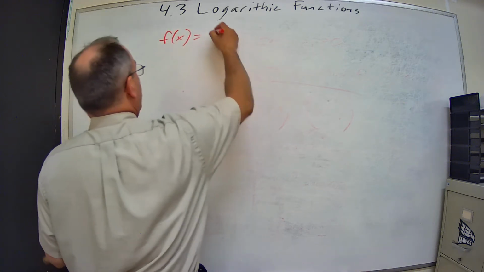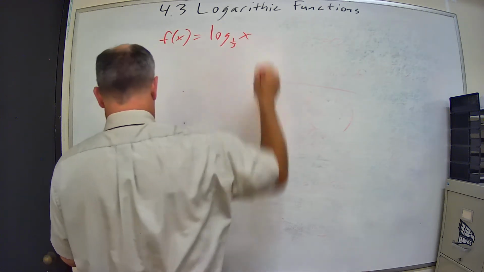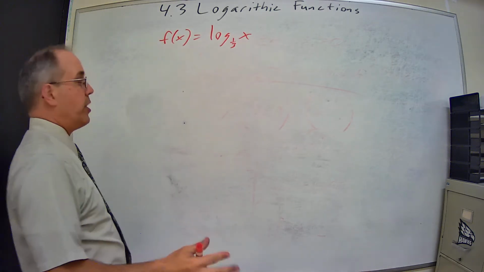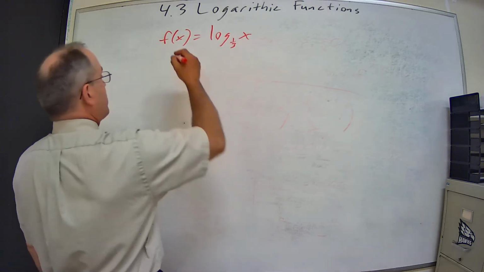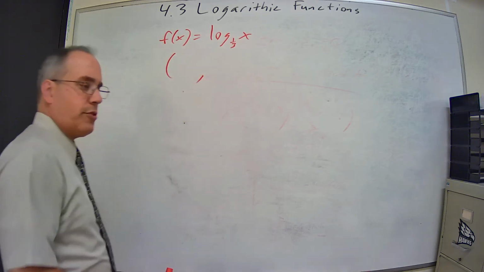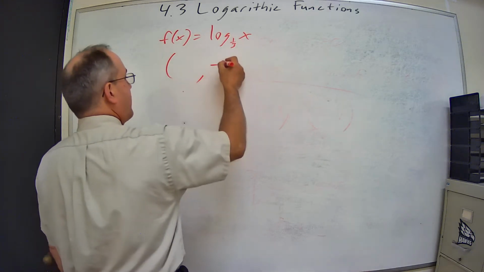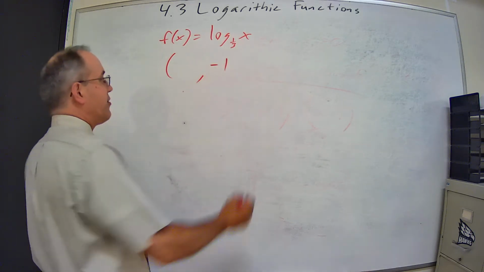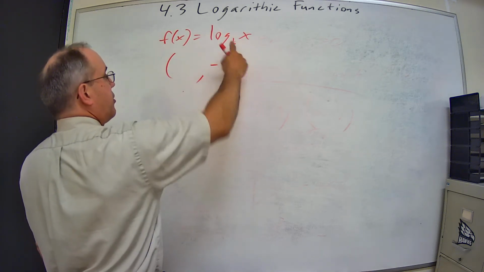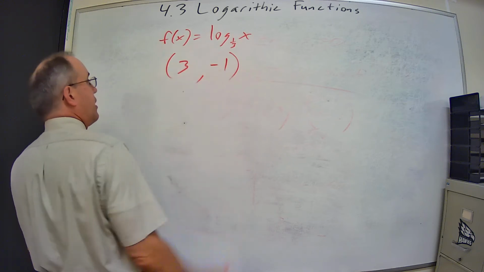f of x is equal to log base 1/3 of x. So we know we can find 3 points, and if it helps, you can do them in reverse. -1 for the y value, and then the reciprocal, 1 over a, will be the x value, so that would be 3.